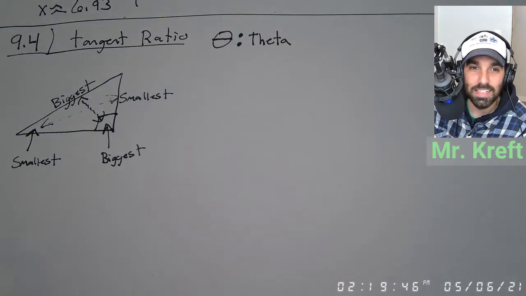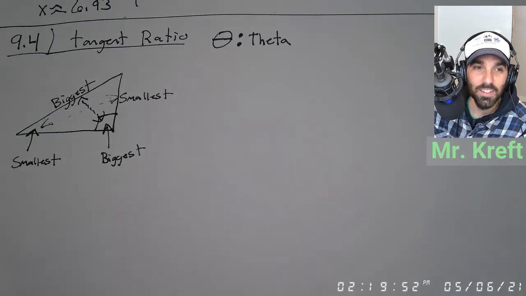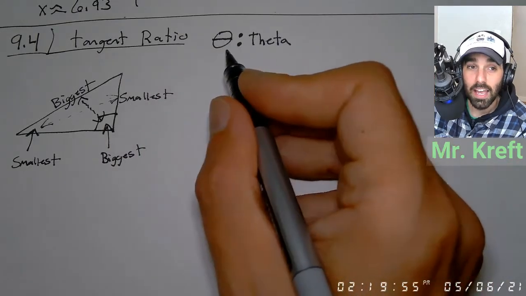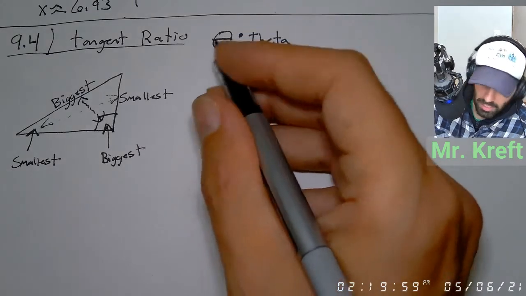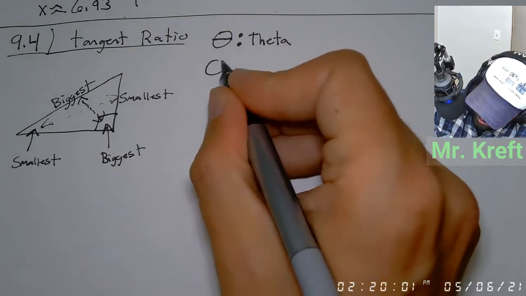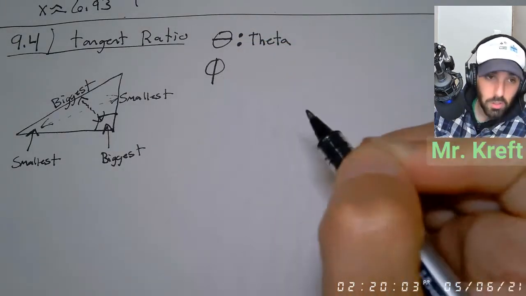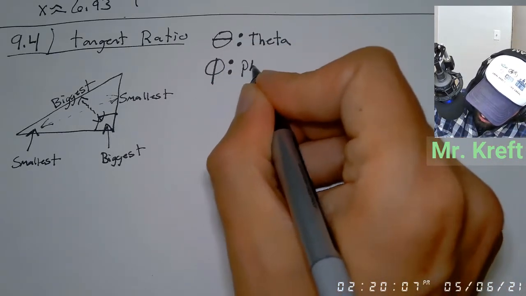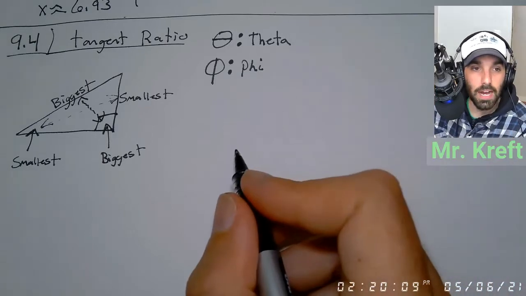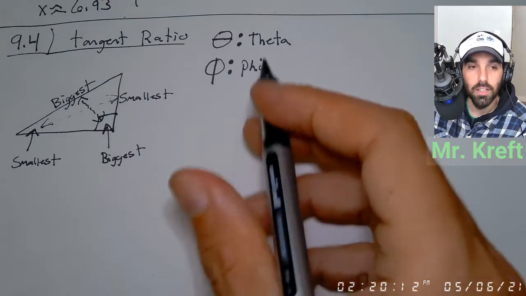And we use this instead of x and y to denote angles. Now another one that we're going to be using is a vertical line through this, and this is called phi, the Greek letter phi.